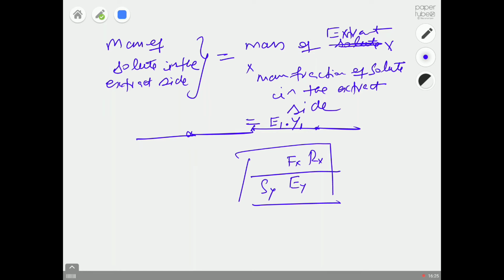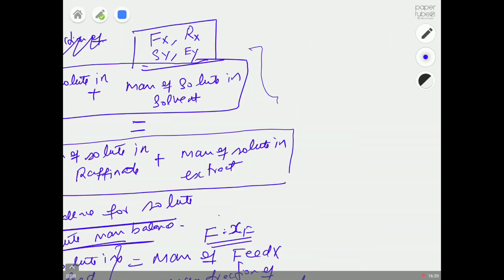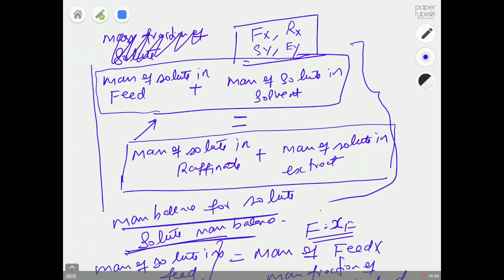So now we can perform a solute balance. Solute balance, I think I wrote it before, yes. Solute balance is this one. So we are going to plug in those expressions, Fx, F and so on.